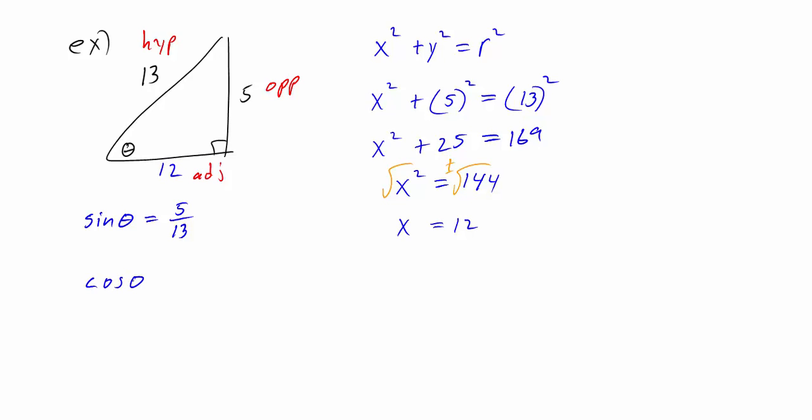And then for the cosine, that's the CAH, so that's adjacent over hypotenuse, which would be 12 over 13. And then, of course, the tangent, which is the TOA. Tangent would be opposite over adjacent, so that's 5 over 12. And then, of course, you could find the other three by taking their reciprocal.